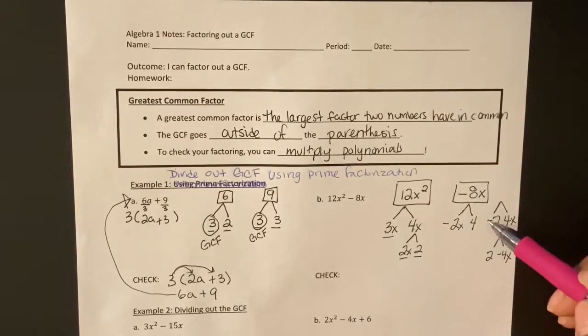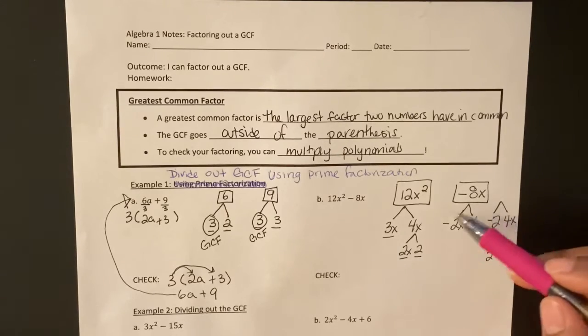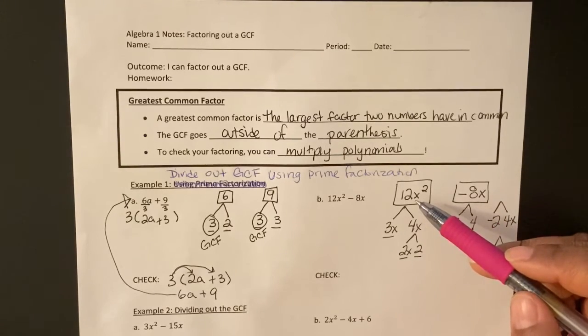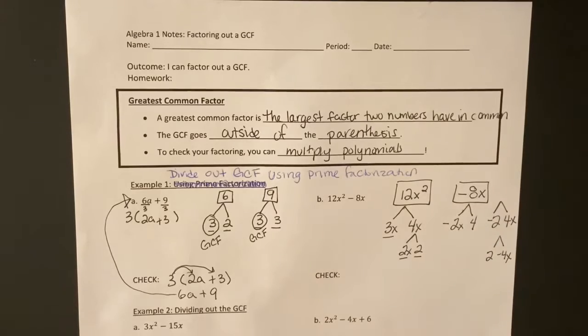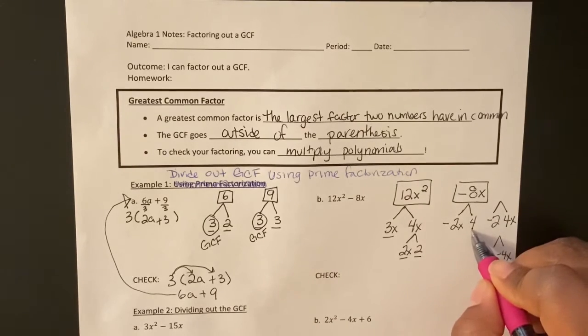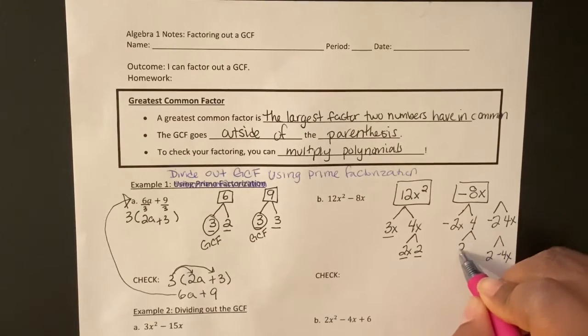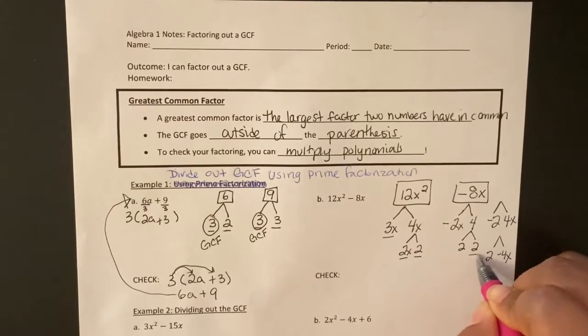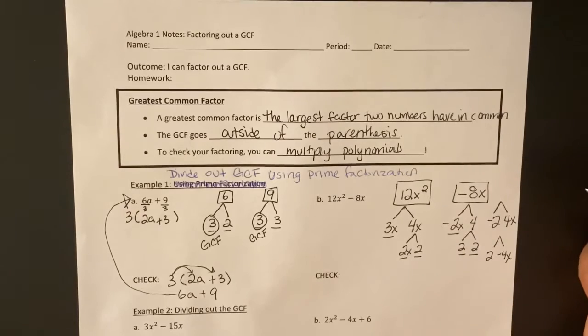Now, I wouldn't get held up on the signs, okay? And if this way confuses you, I'll show you another way. But for right now, let's just say that we can break this 4 into 2 times 2. So now I have all my primes.